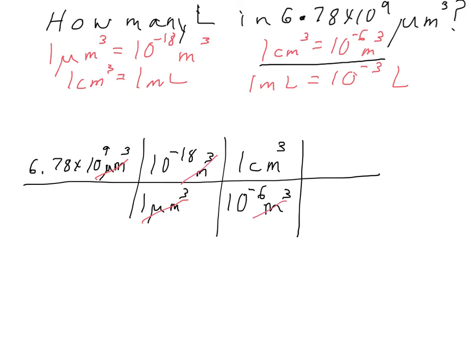And I remember that a cubic centimeter is the same thing as a milliliter. So I can write this step if I want to. Or I could just say, hey, that's the same thing, right? His friends call him cubic centimeter, his parents call him milliliter. Either way would work, but we've gotten rid of cubic centimeters and we have milliliters. We want liters. We know that 1 milliliter is 10 to the negative 3rd liters.